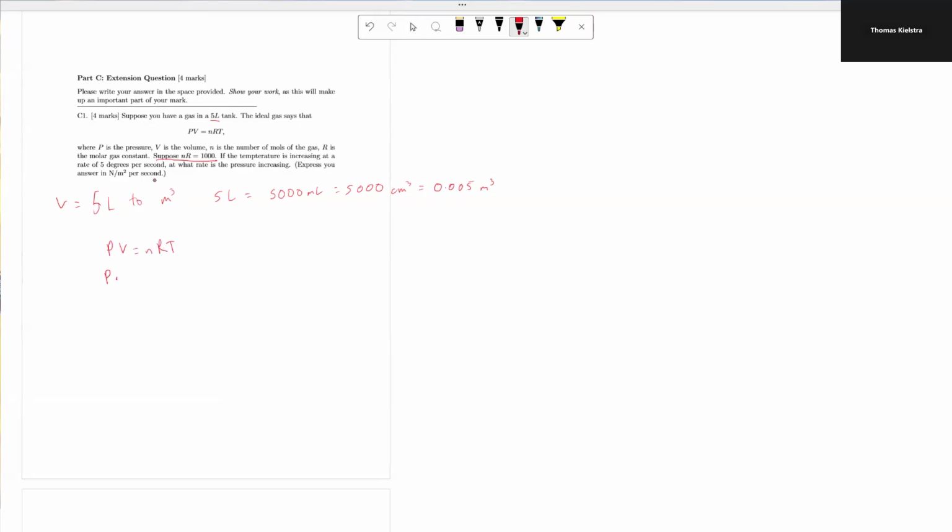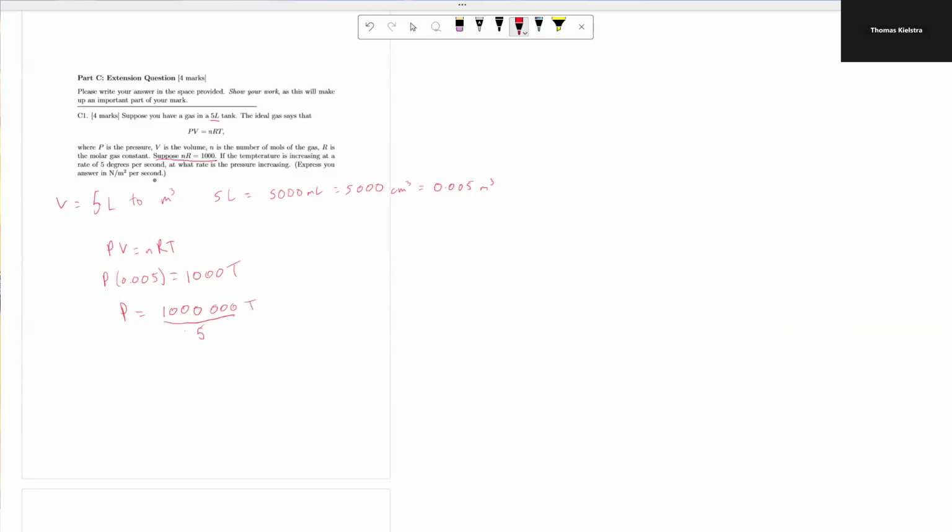So P times 5 equals 1,000 T, or, well, not P times 5, P times 0.005 equals 1,000 T, or P equals 1,000 divided by 0.005 T. Move 3 decimal places, so P equals 1,000,000 T over 5.